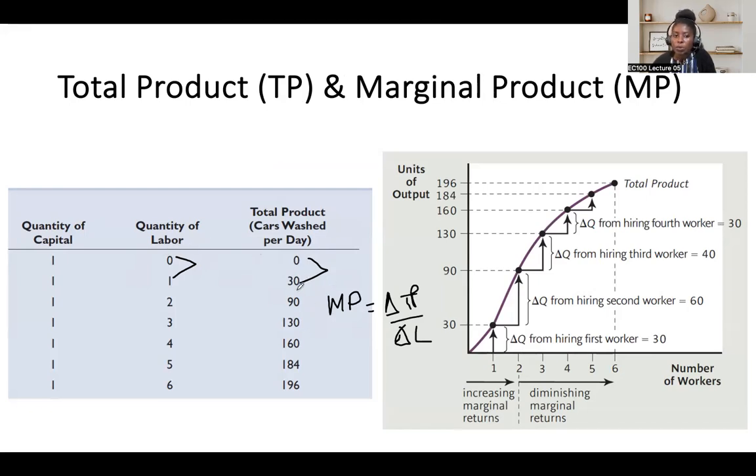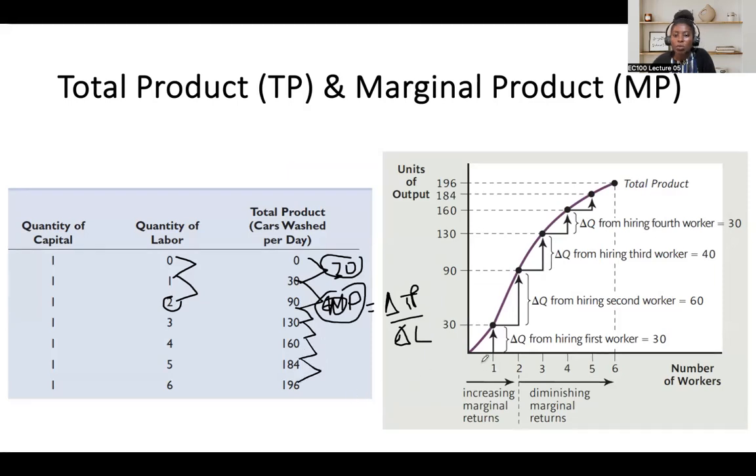So again, you do that: 30 minus 0, divided by 1, you get 30. Then 60. Just by adding 1 person, output increased by 30 units. By adding the second person, 60 units. So you do that, and that, and that.